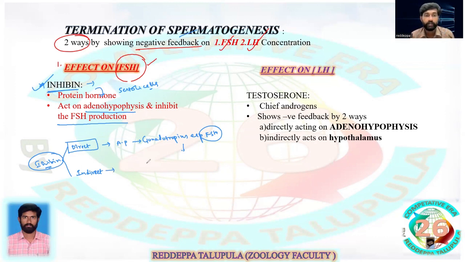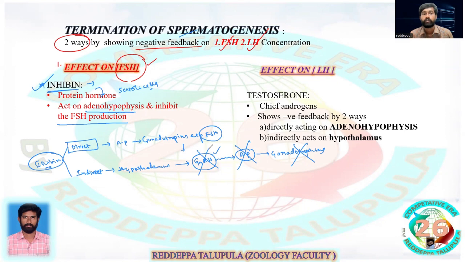In the indirect pathway, inhibin acts on the hypothalamus and thus causes suppression in the production of gonadotrophin releasing hormone. When its concentration is low, it does not act on the anterior pituitary, so gonadotrophins are not secreted.